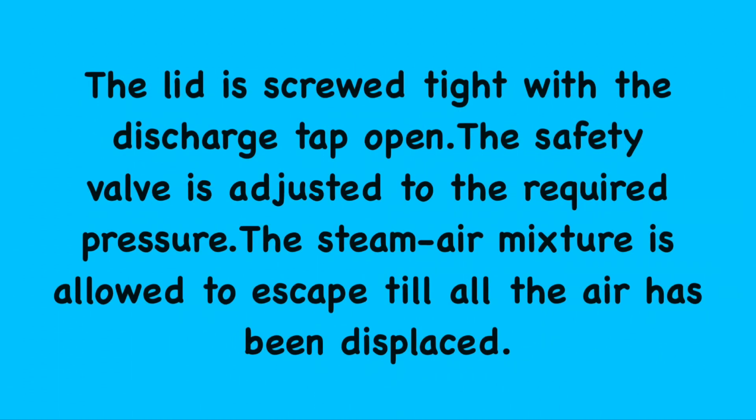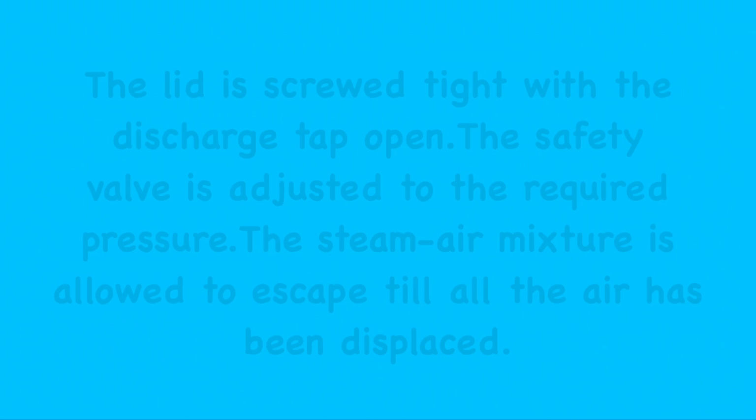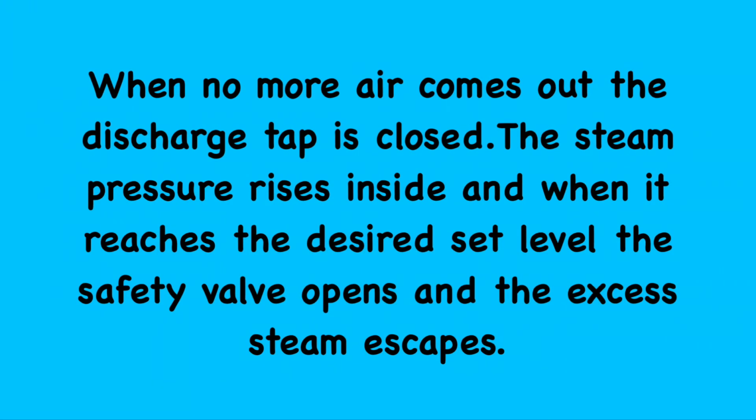The lid is screwed tight with the discharge tap opened. The safety valve is adjusted to the required pressure. The steam-air mixture is allowed to escape till all the air has been displaced. When no more air comes out, the discharge tap is closed. The steam pressure rises inside, and when it reaches the desired set level, the safety valve opens and the excess steam escapes.